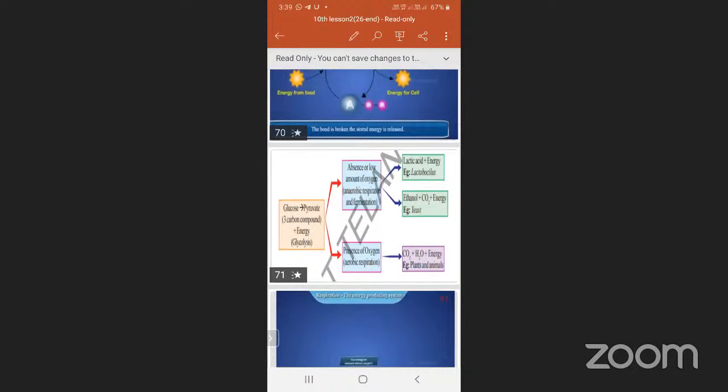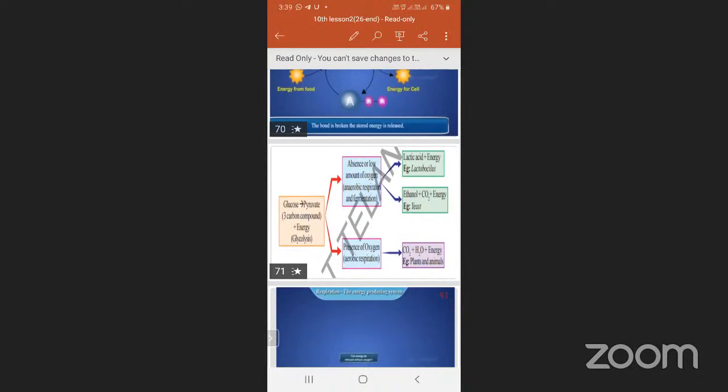What about the other side? In that same reaction, the first stage happened: glucose to pyruvic acid. Then in the second stage, if oxygen is absent or low, that causes anaerobic respiration, fermentation.